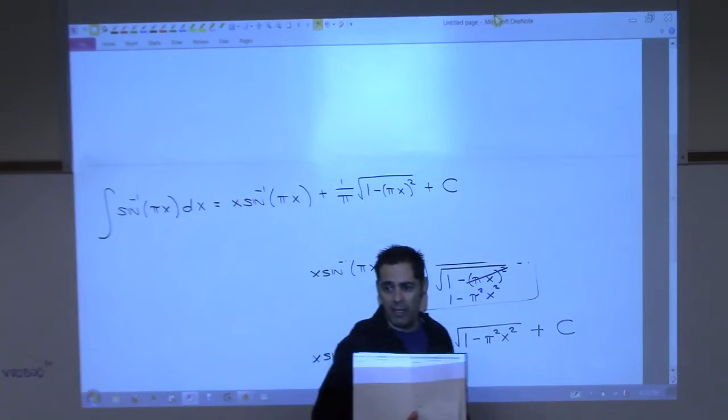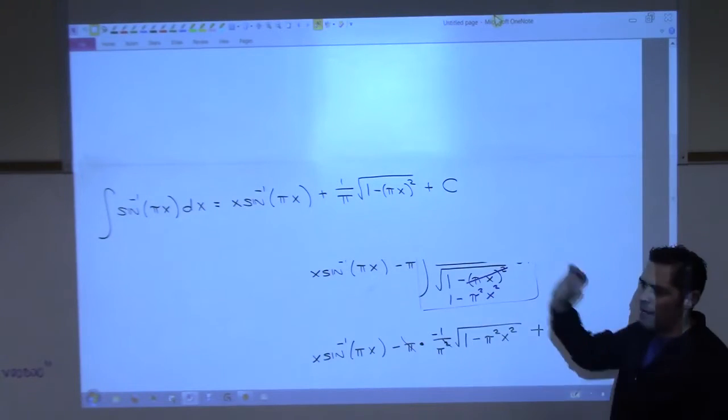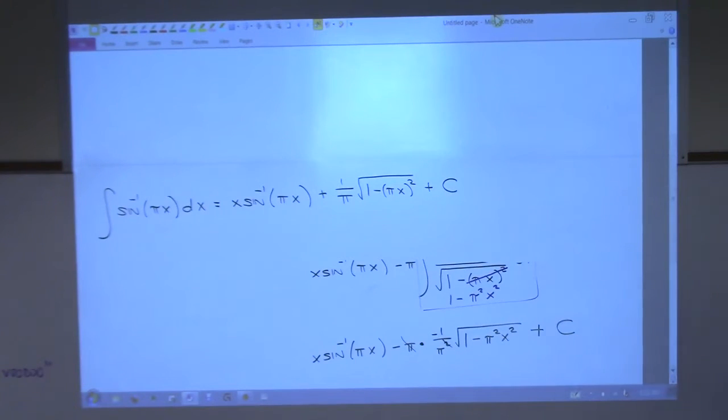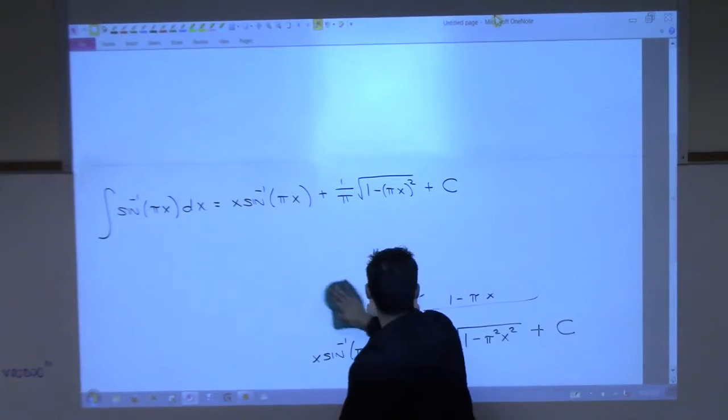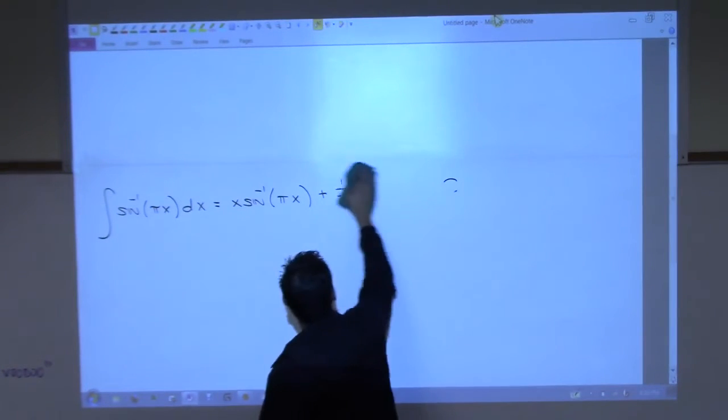Formula 87 is the antiderivative of arc sine. But we're not going to use a formula for that. We'd actually have to work it out. The formulas are just the basic ones. But if you ask yourself where these formulas come from, that's where they usually come from.